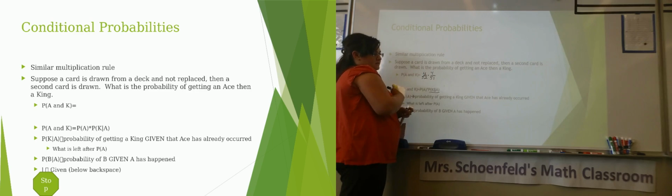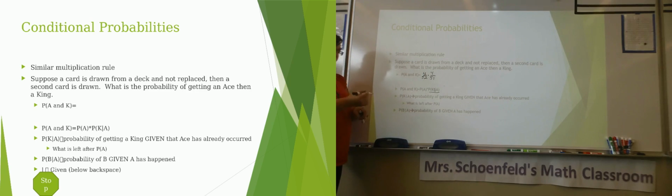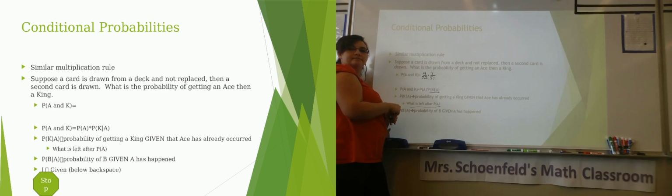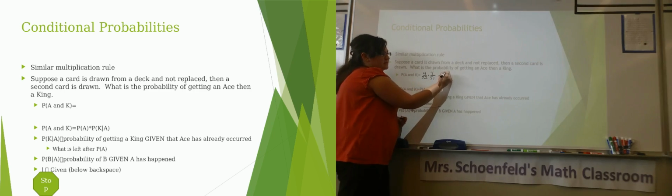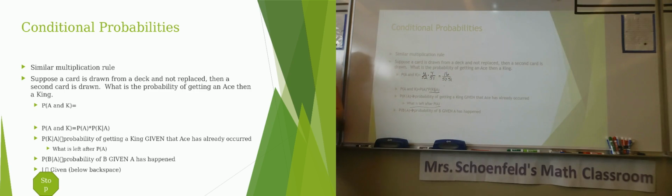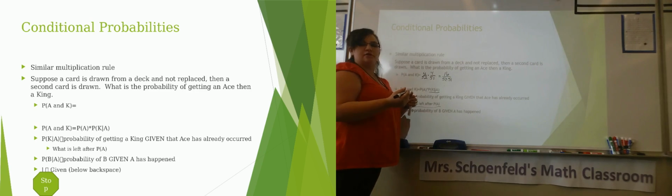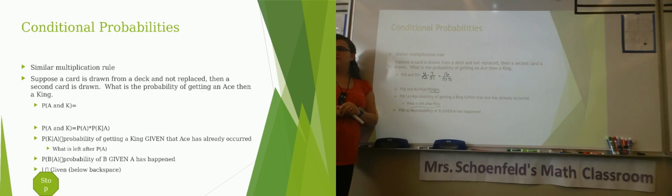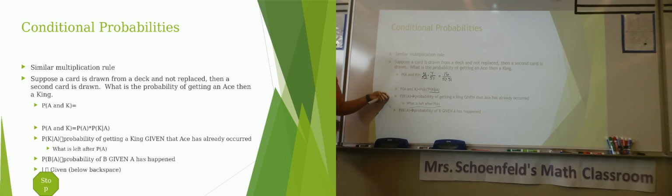So I still have 4 kings left. That's basically what I mean by what's left after that first thing happened. So 4 times 4, 16, over whatever that gross number is. You'll use that gross number a lot because we'll do a lot of that. Just put it in your calculator, 52 times 51. If you want to reduce it, just make sure you're using the math fraction feature on your calculator, and that will automatically reduce it for you as well.